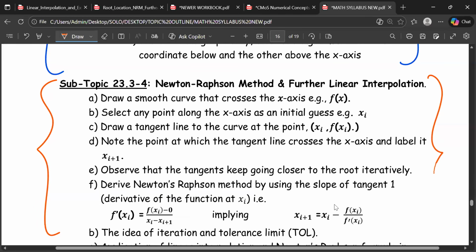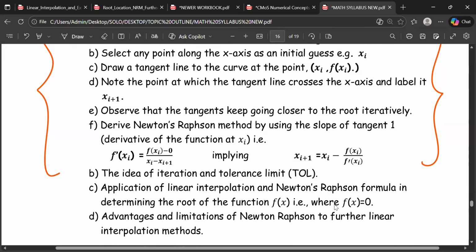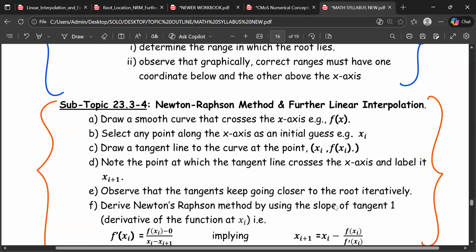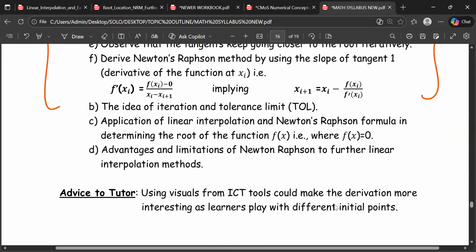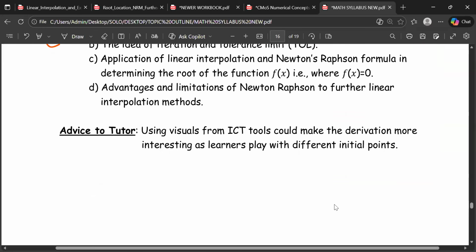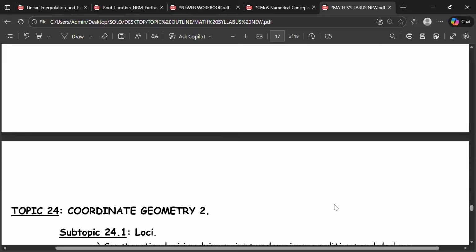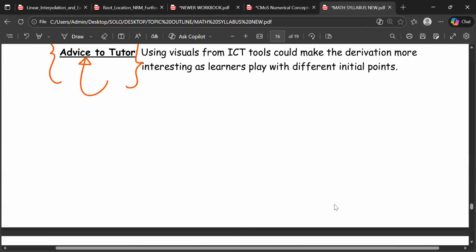I'm not doing anything in subtopics 3 and 4. I don't know if you can see that I combined 3 and 4. This is my own syllabus book that I never give out unless you take some screenshots. It even has some advice to me that I'm not going to follow because I gave it to myself.